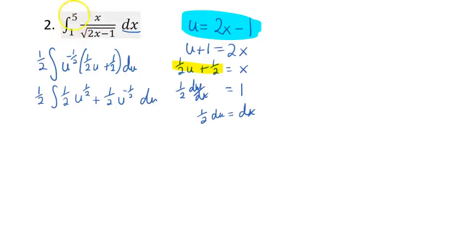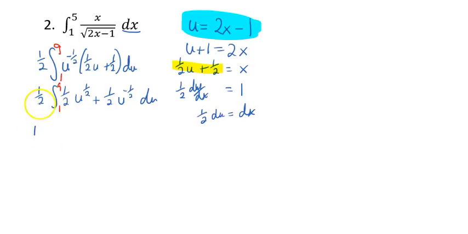So plugging my x limits in, getting u's out. So 1, plug in 1. 2 times 1 is 2, minus 1 is 1. So I still get a 1 there. And then 5. 2 times 5 is 10, minus 1 is 9. And so my u limits are 1 to 9. And again, x limits with the x variable, u limits with the u.